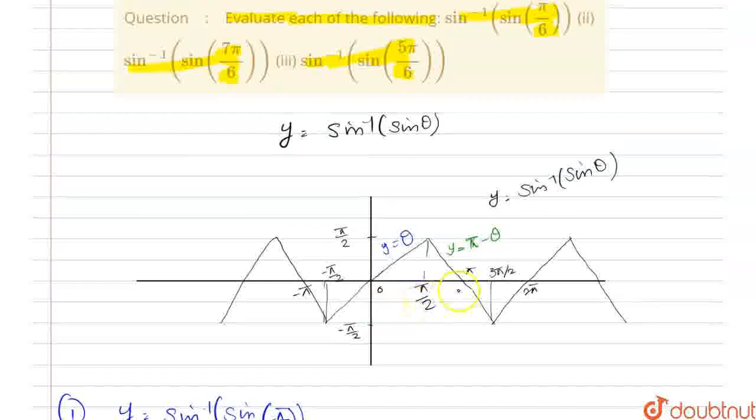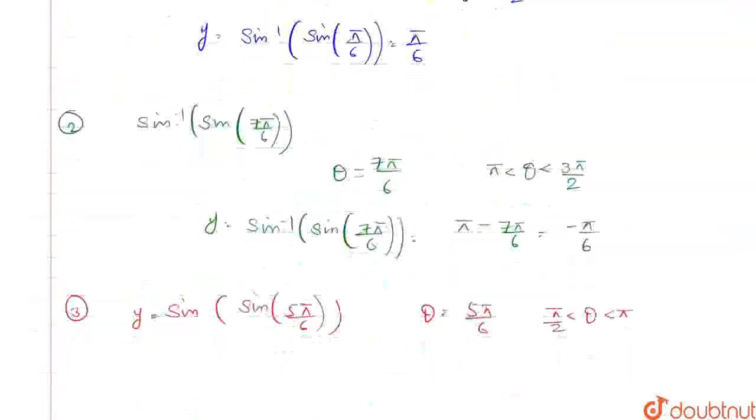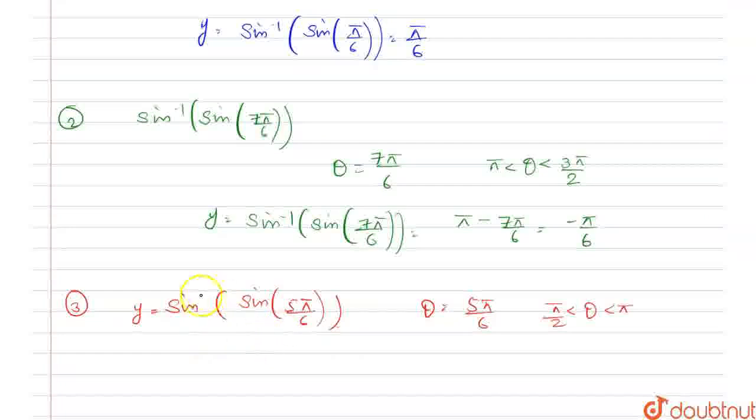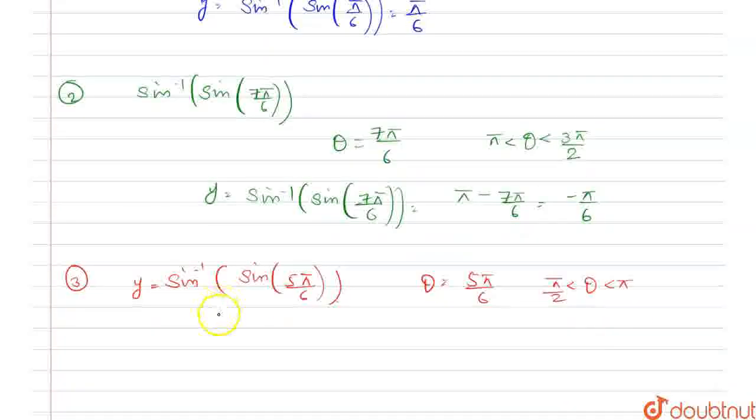Now in pi by 2 to pi the curve will be open in y is equal to pi minus theta format. So here we can write that the curve y is equal to sine inverse of sine of 5 pi by 6 will be open in pi minus theta, where theta is equal to 5 pi by 6. So it gives the value that is equal to pi by 6. Now this is our final answer.